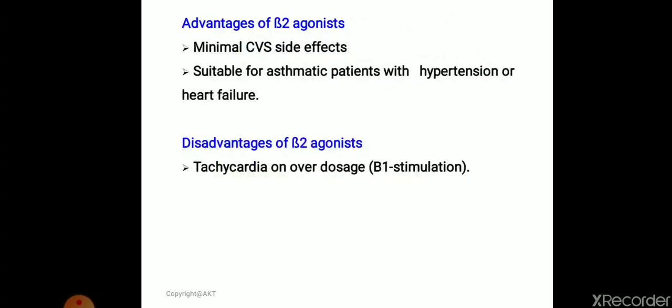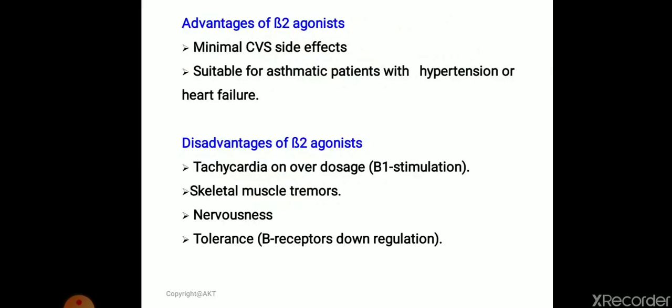Disadvantage: there can be risk of tachycardia on overdosage. If a large amount of syrup like salbutamol, asthalin syrup, is taken, it can even stimulate the beta-1 receptor, leading to increased heart rate, tachycardia or palpitation. Also skeletal muscle tremor because of facilitation of neuromuscular transmission, nervousness, and finally tolerance, which can lead to decreased effectiveness of the drug.